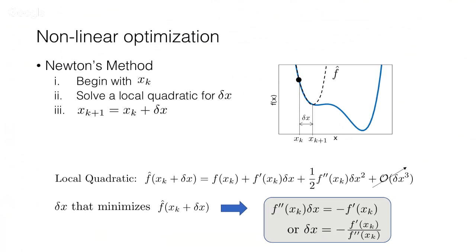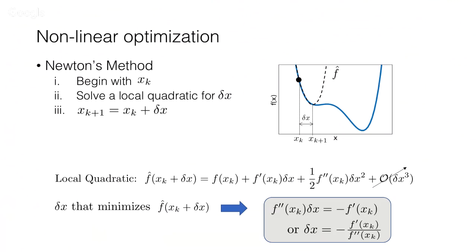I generate a local quadratic estimation of this that has 2 terms in the Taylor expansion. Then, with respect to this local quadratic function, I want to find the minimum. If I do that, I end up with the following system.